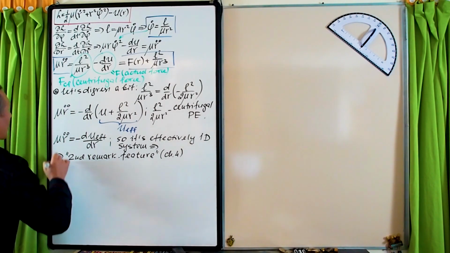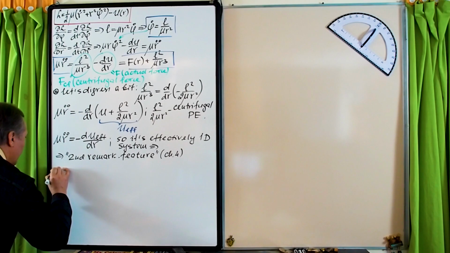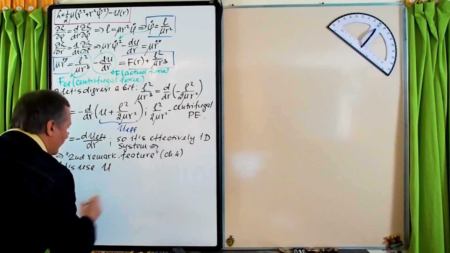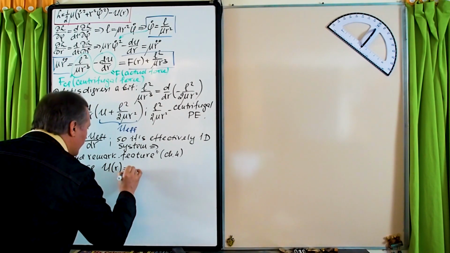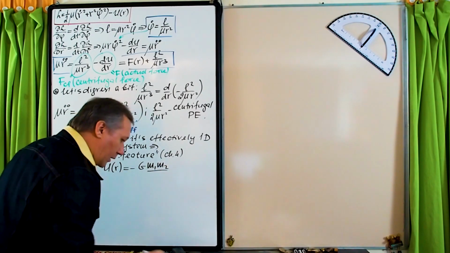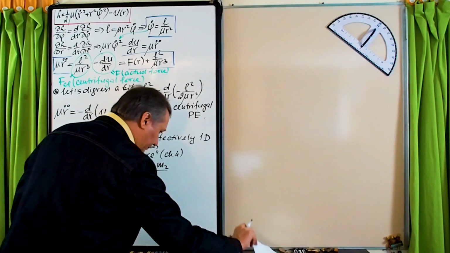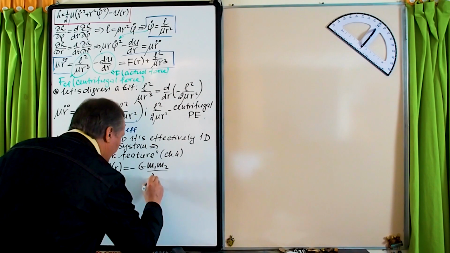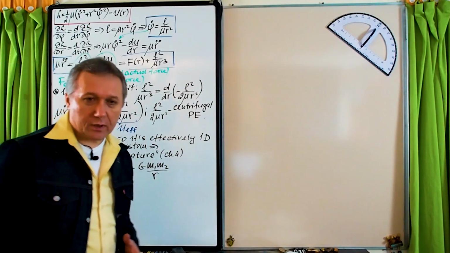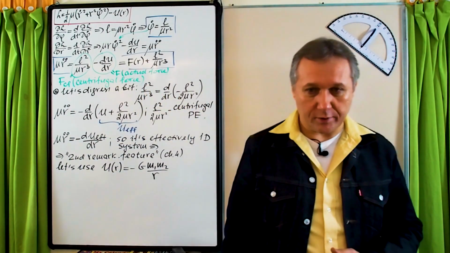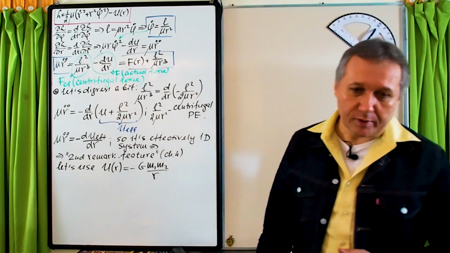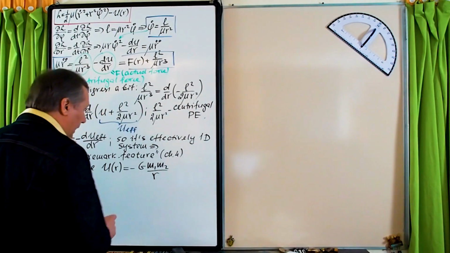So I'm still here in this digression. Let's use U, which is of course a function of r, equals minus G m1 m2 over r. This is the gravitational potential, and the minus indicates that it's a force of attraction. Of course, if it was a Coulomb potential, it would be without the minus.